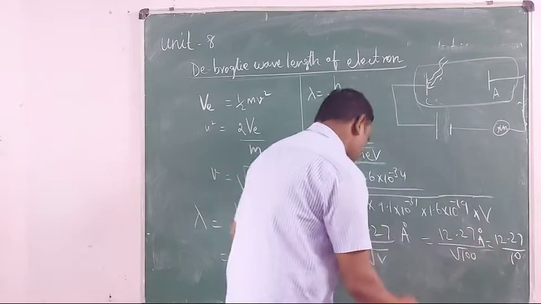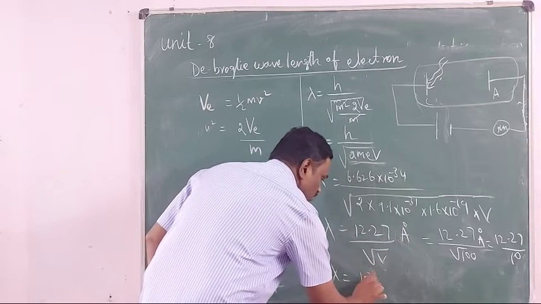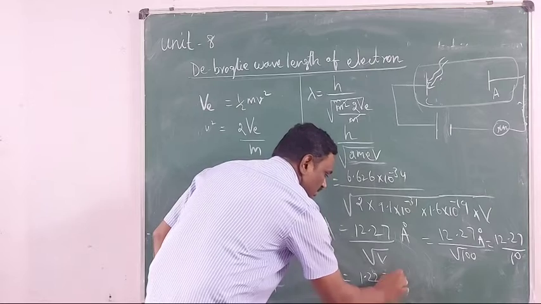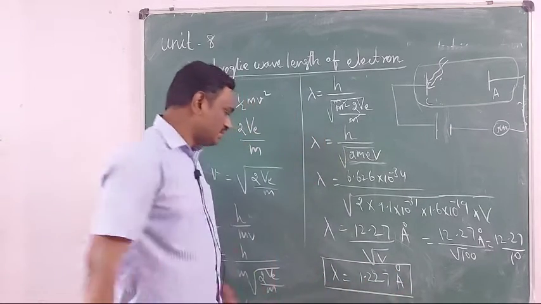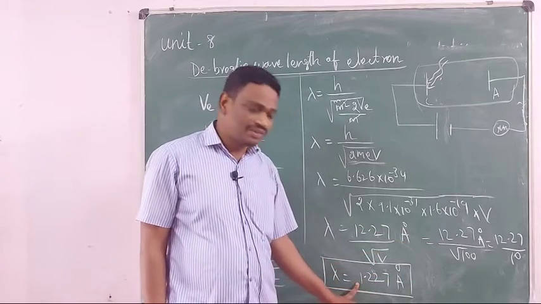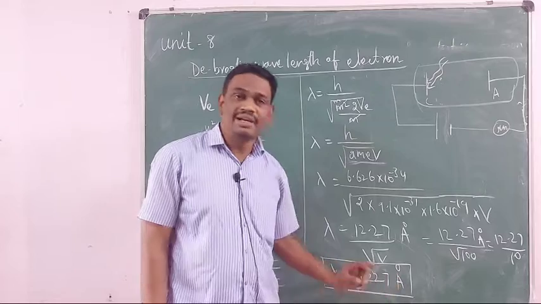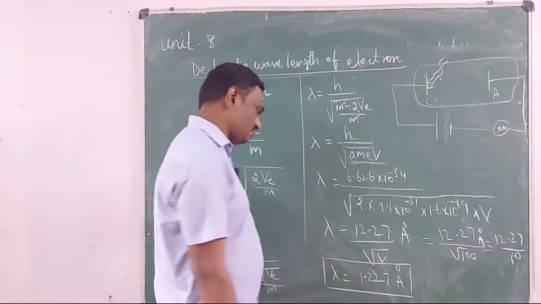When you solve this, we get lambda equal to 1.227 angstrom. So when you accelerate the electron with a potential of 100 volt, the wavelength of the electron is 1.227 angstrom. 1 angstrom is equal to 10 power minus 10 meter.